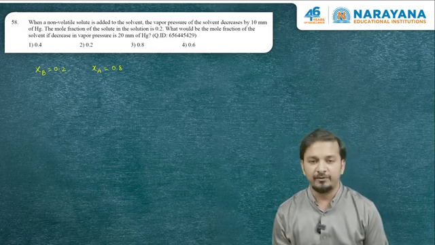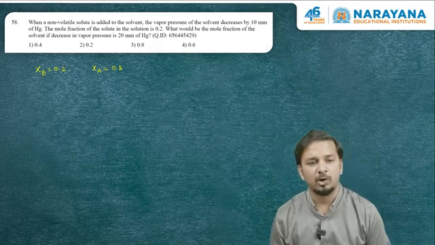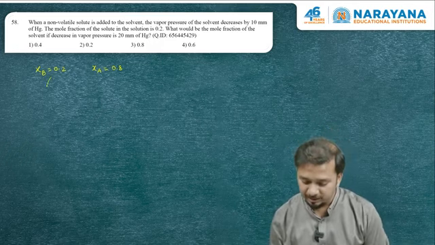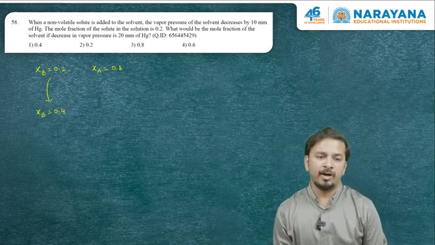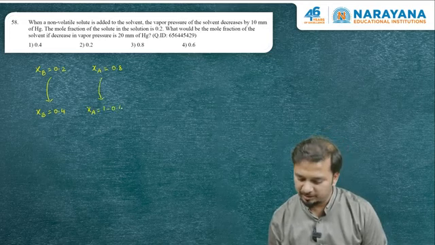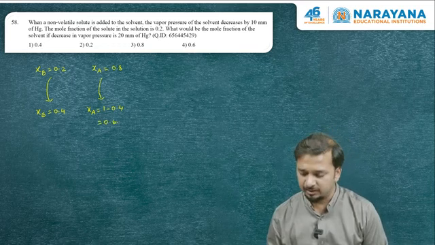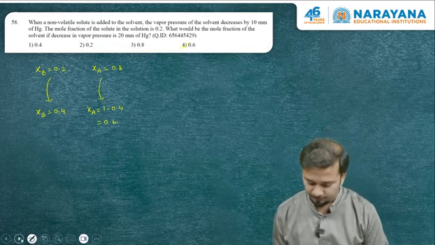It means the vapor pressure decrease will be doubled if the amount of non-volatile solute is doubled. So the mole fraction of solute should be 0.4, and in that case the mole fraction of solvent will be 1 minus 0.4, which is 0.6. So the correct answer for this question is option 4, that is 0.6.